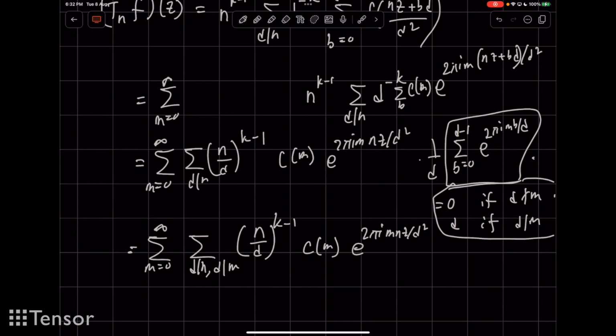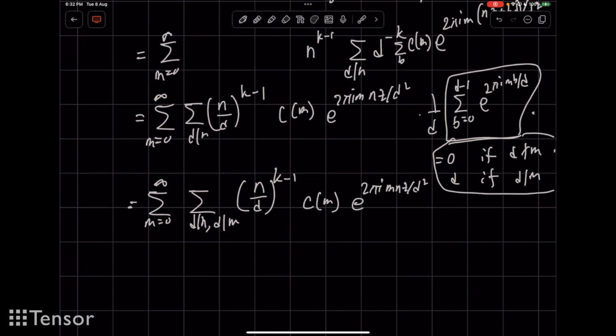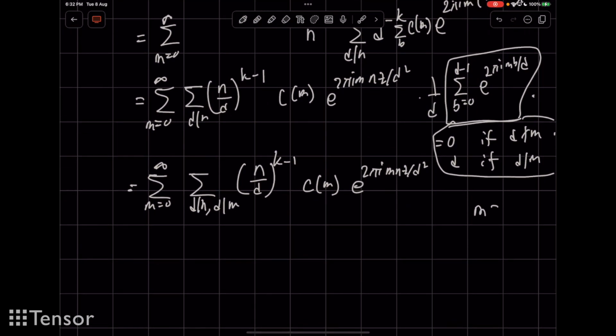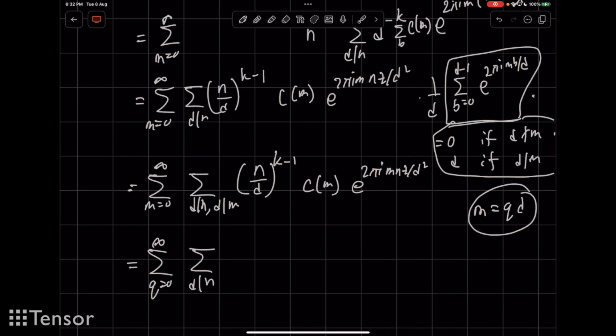All right. Since d divides m, let's write m equals qd. Then this outer sum is q equals 0 to infinity, d divides n, of n over d to the power k minus 1 times c(qd) e to the 2 pi i q nz over d.